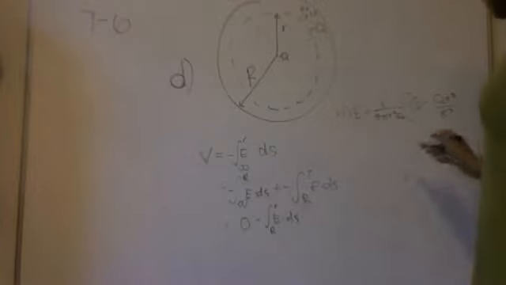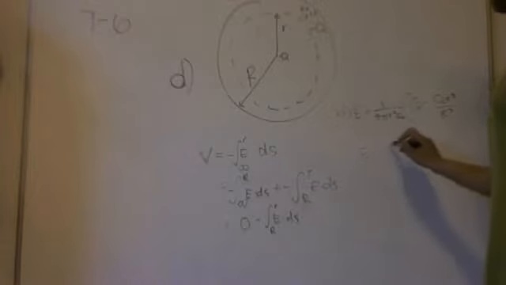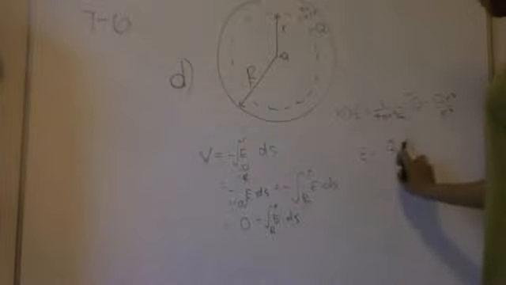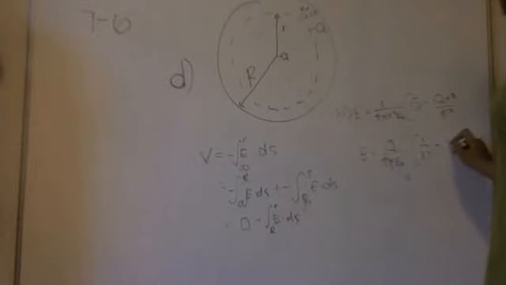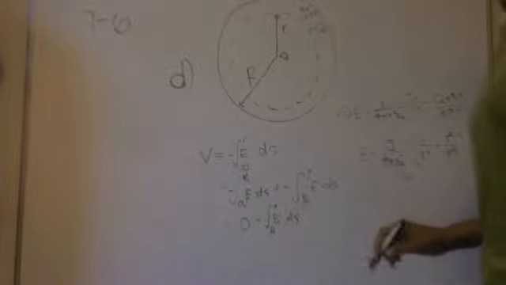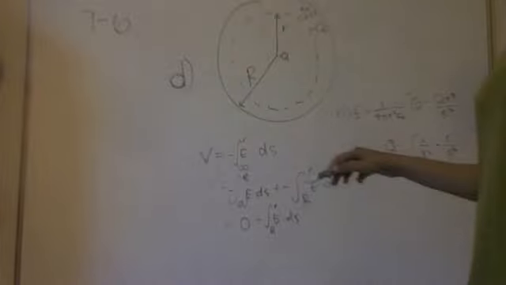And from here this can be simplified into E is equal to Q over 4 pi epsilon naught, and then 1 over r squared minus little r over big R cubed.